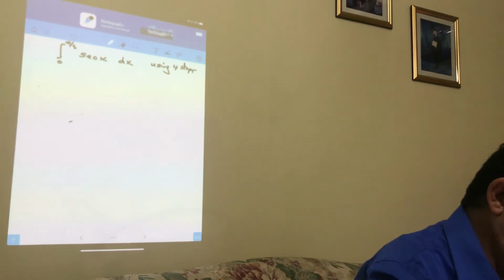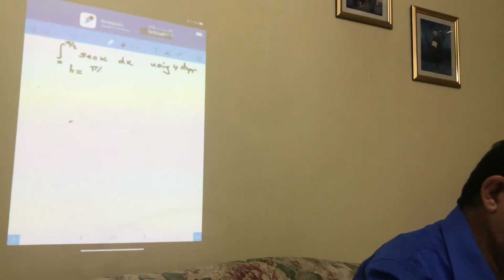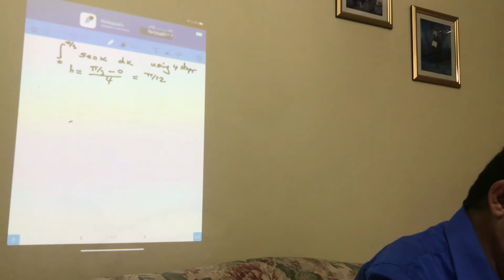Therefore we get the value of h equal pi over 3 minus 0 over 4, which means pi over 12. Therefore we make our table.